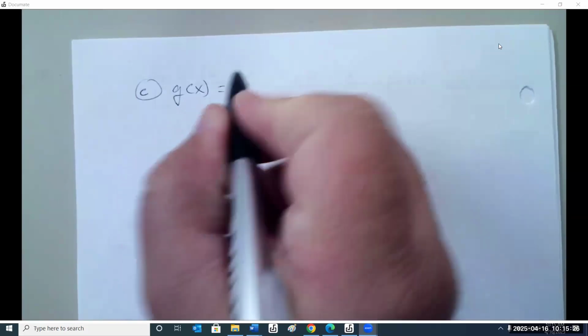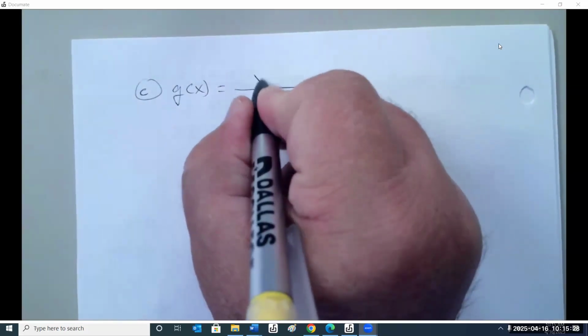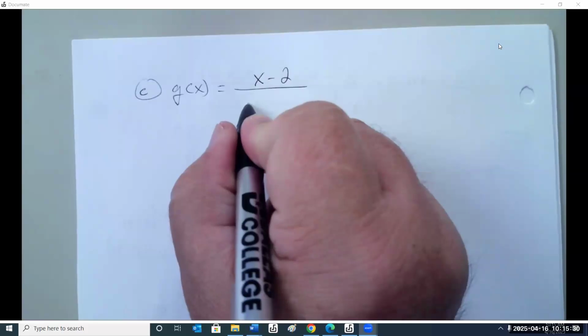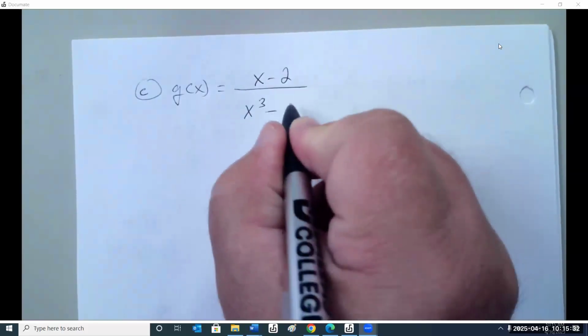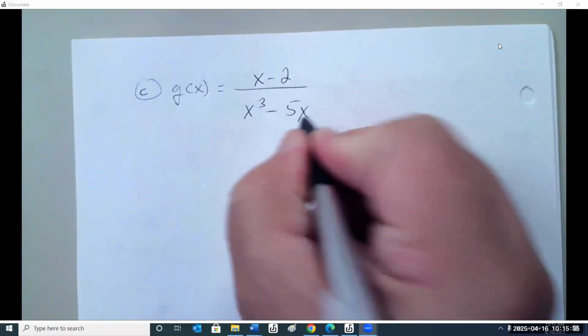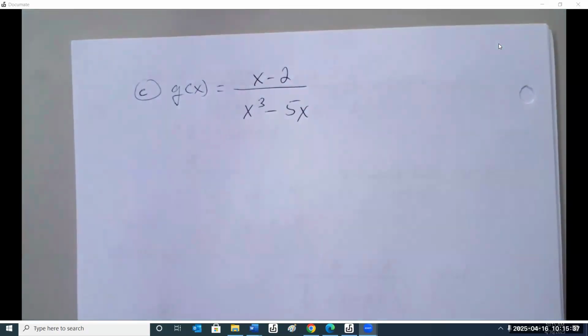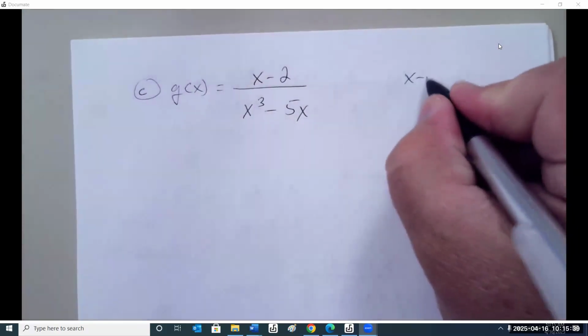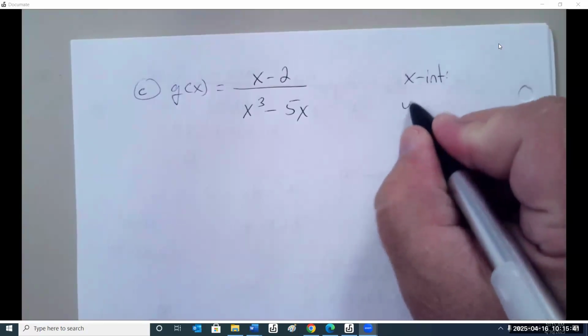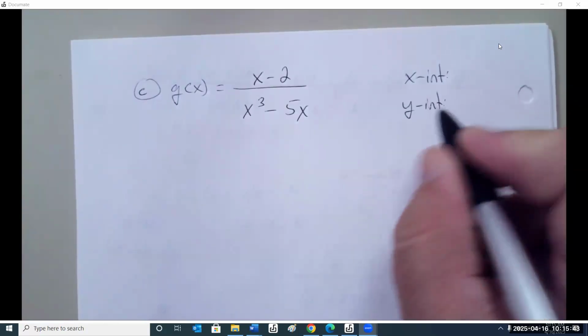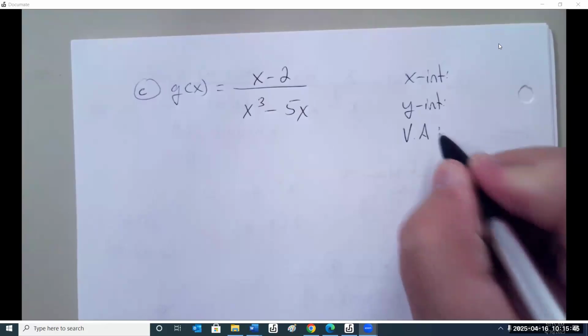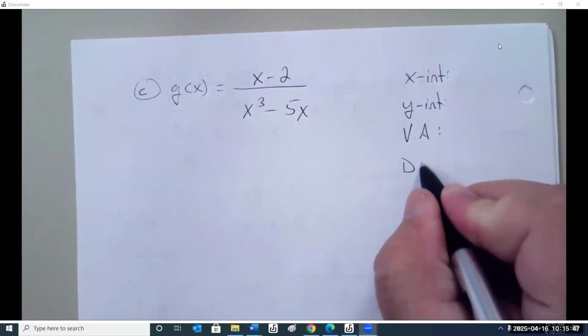G of x is equal to x minus 2 over x cubed minus 5x. Remember, I want the x-intercept, I want the y-intercept, I want the vertical asymptote, and I want the domain.